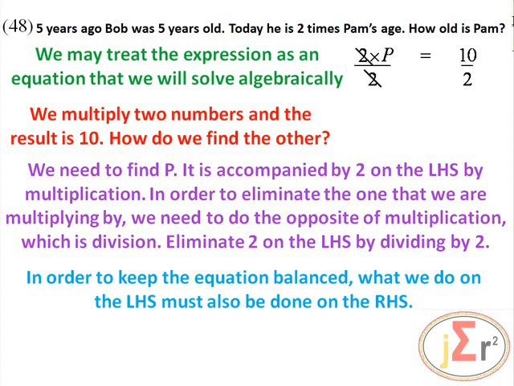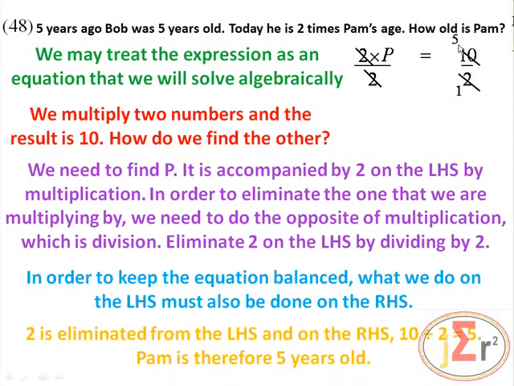So when we eliminate those 2, what do we know? These 2 are gone. But 2 into 2 is 1, and 2 into 10 is 5. Right. So 2 is eliminated from that left-hand side, and on the right-hand side, 10 divided by 2 is equal to 5. So Pam is therefore 5 years old.